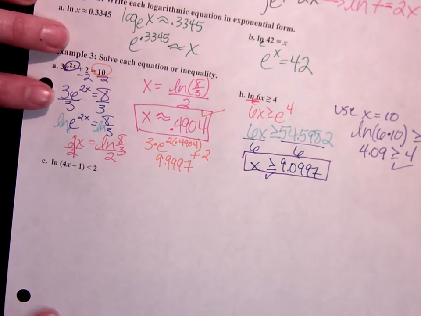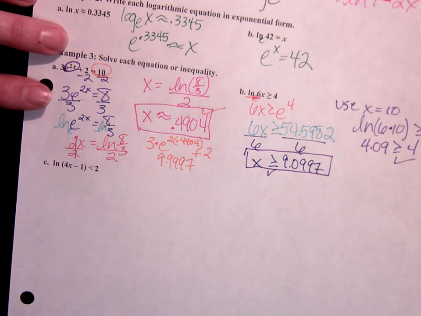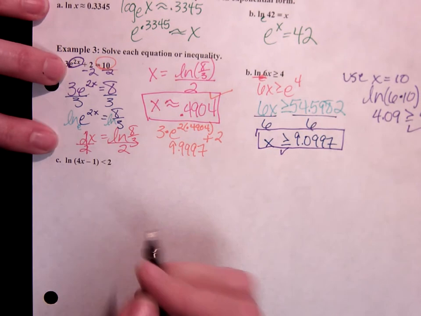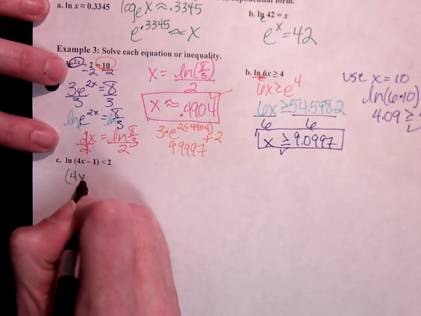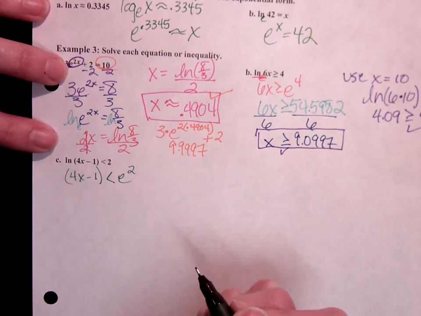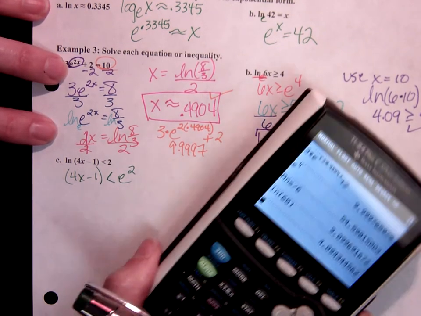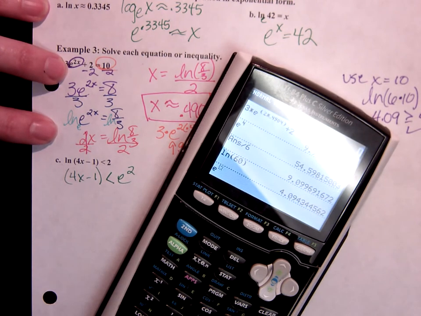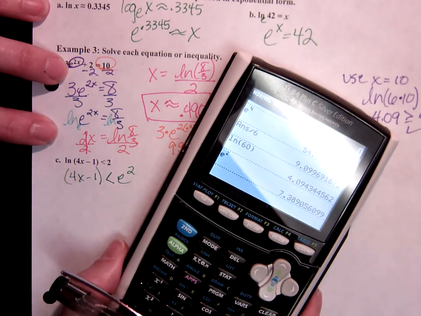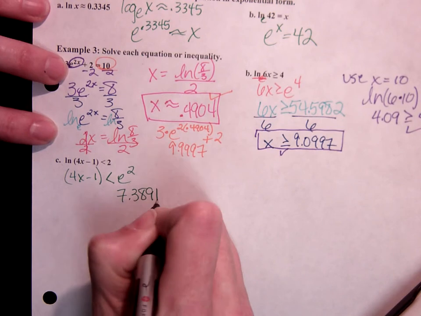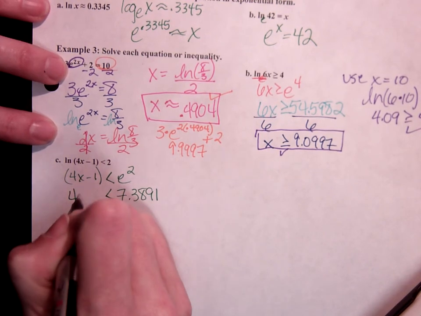Last example. I've got the log term already isolated, so we're ready to rearrange. 4x minus 1 is less than e to the 2nd power. E squared is about 7.3891. So 4x minus 1 is less than 7.3891.